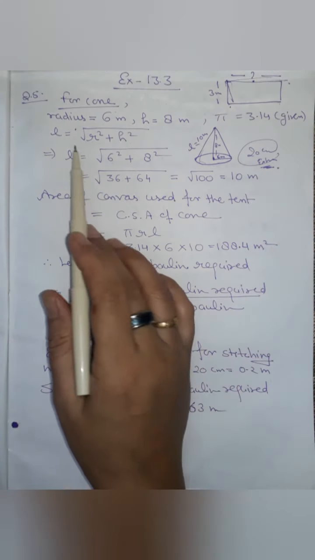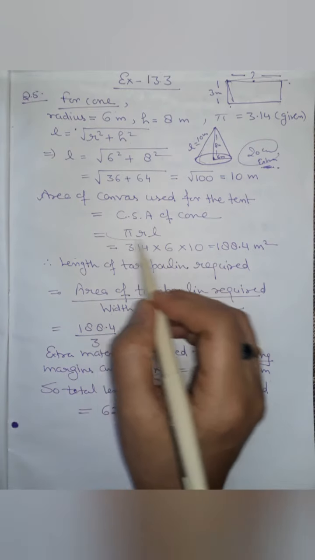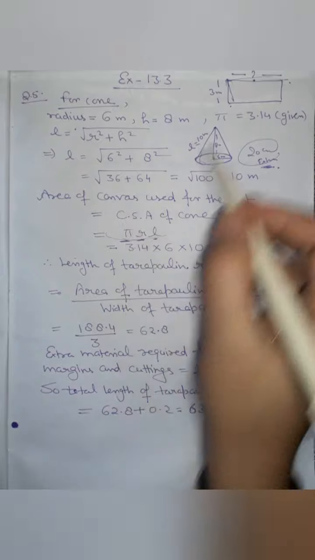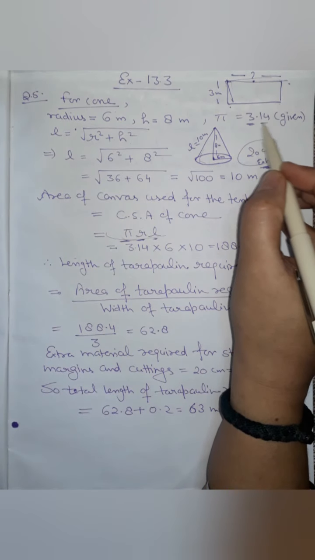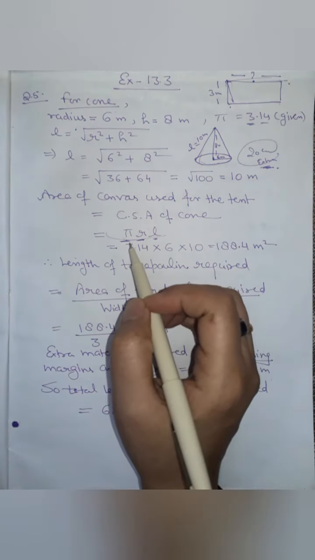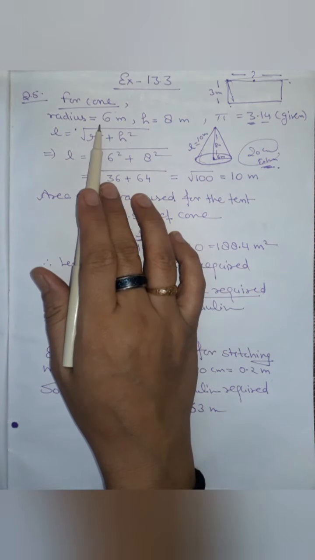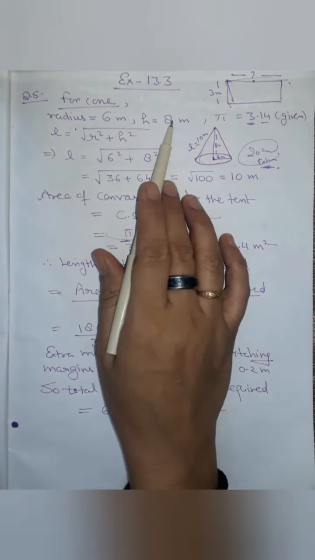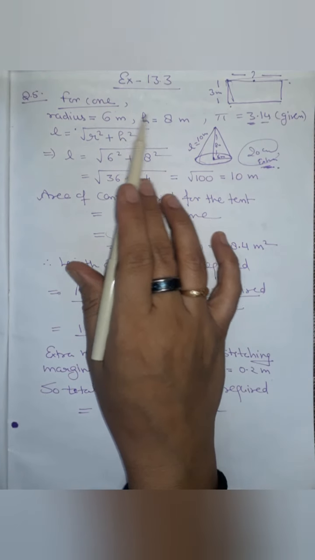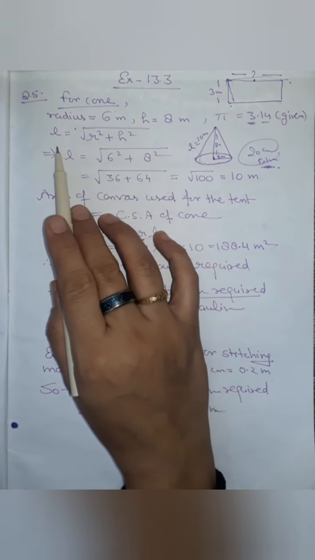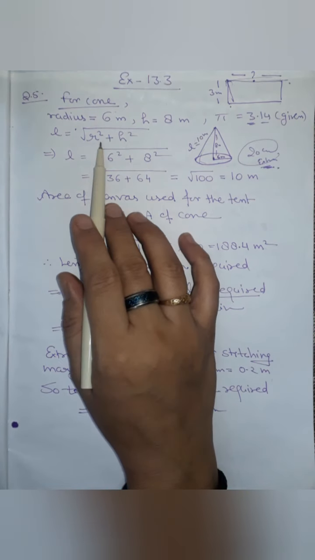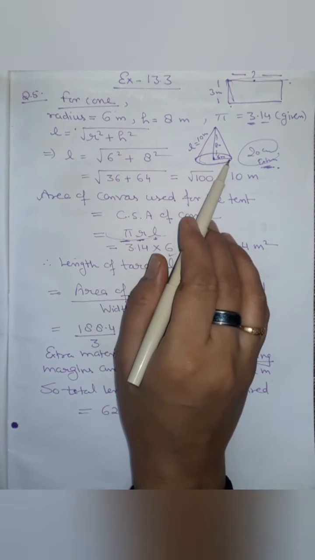So CSA of cone, as we know, the formula of CSA of cone is pi r l. Pi is given as 3.14 in the question, so we will take 3.14. R is given 6 meter. L is not given. H is given, R is given, and we know the relation between L, R and H is L square is equal to R square plus H square.